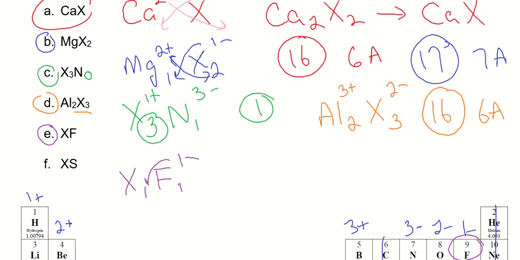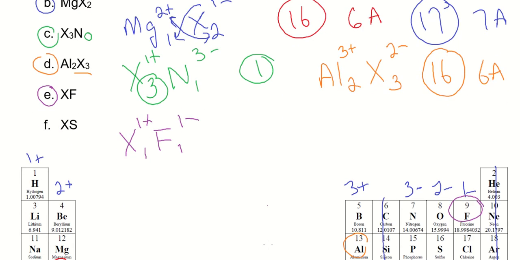And so that's a 1 there in the subscript of X. So in order for this to be a 1-to-1 ratio, the charges must also match. So this must be a 1 positive cation. In other words, it's a group 1 metal. Not hydrogen, but a group 1 metal. It could be hydrogen if it was a covalent molecule, but it says it's ionic. So anyway, it's still group 1.